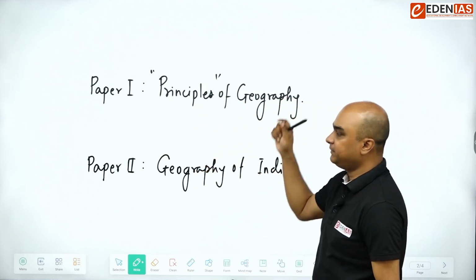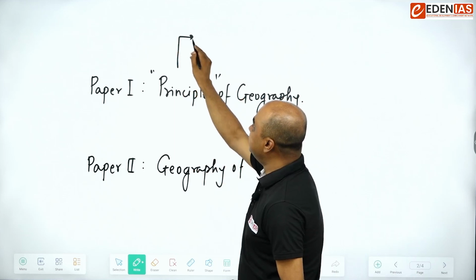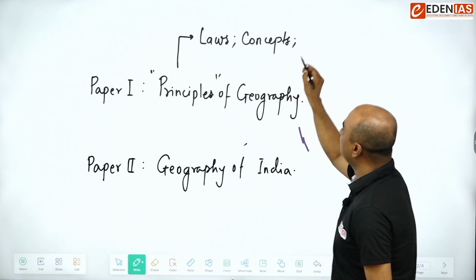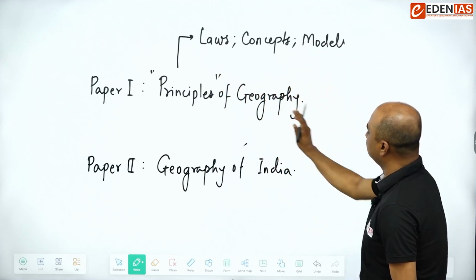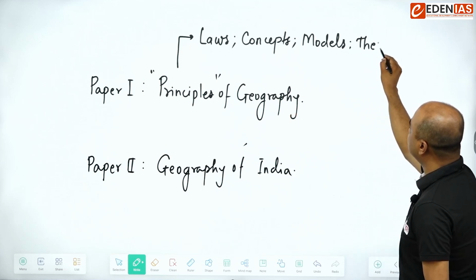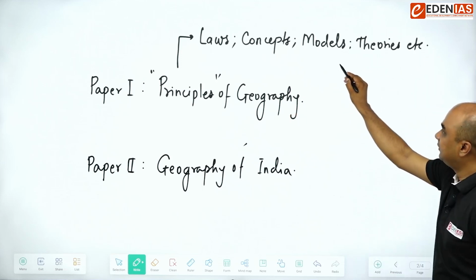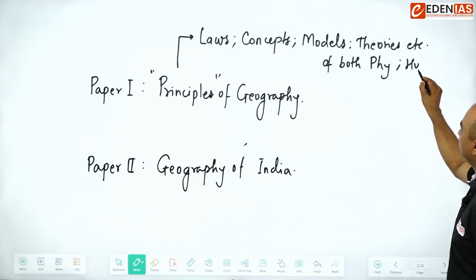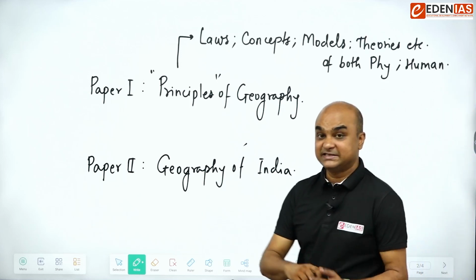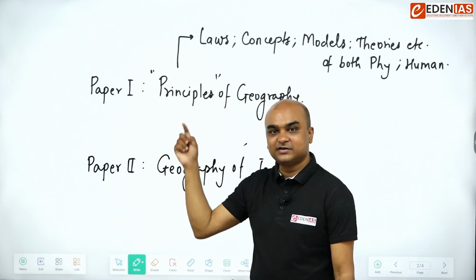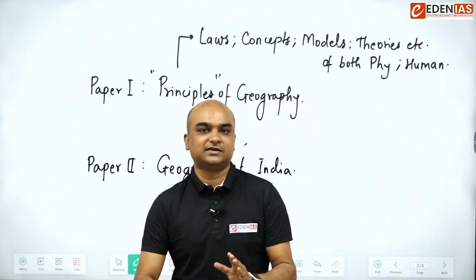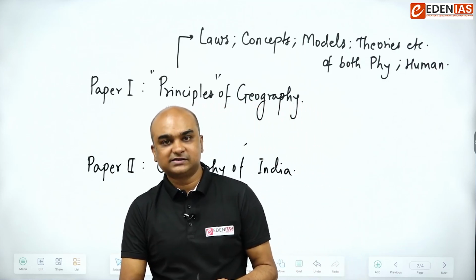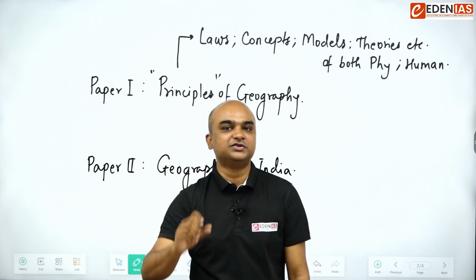When you look at the subject matter of paper 1, you'll understand that it mostly deals with the laws, concepts, the models, the theories, etc. of both physical as well as human geography. तो जैसे कि इस पेपर का नाम है प्रिंसिपल्स और इसकी डिमांड भी वही, that under this paper you have to prepare the various theories, laws, models, etc. related to physical geography and human geography.